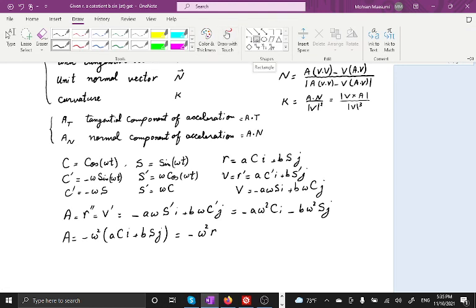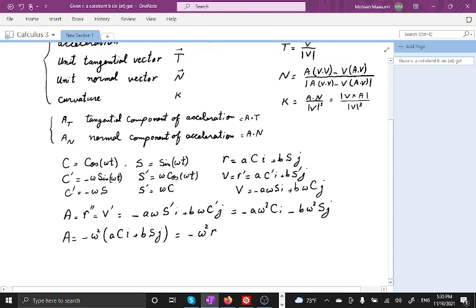So I'm going to choose a box and choose my box to be red. Let's see if I can do that. Maybe not. So that's my V, and this is my A.